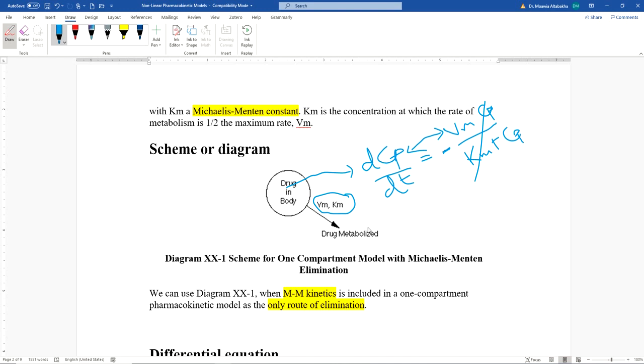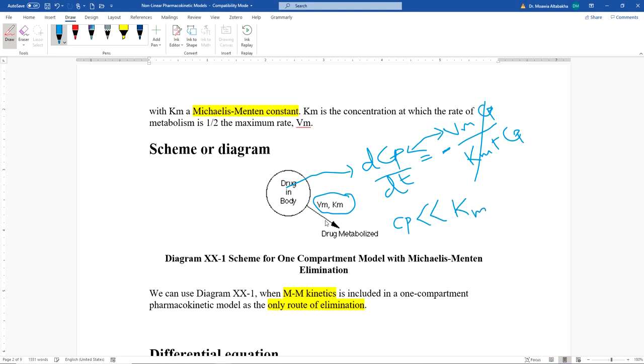Now the question is, if you remember, we said that at very low concentration the kinetics of the rate of change in drug concentration will be first order. Let's see how. When we say low concentration, we mean that Cp, the drug concentration in the plasma, is much less than Km.